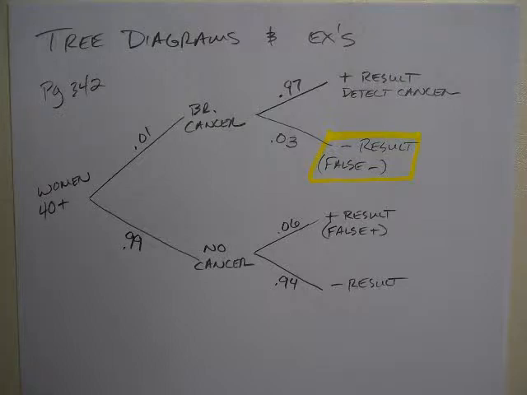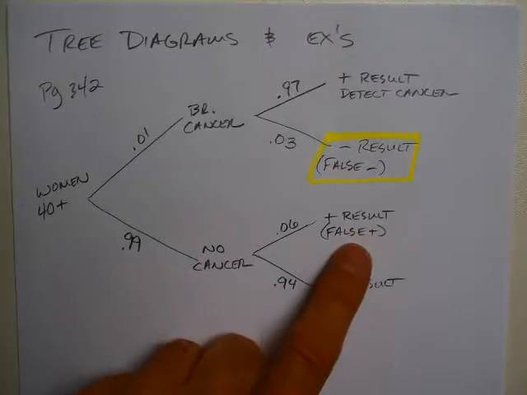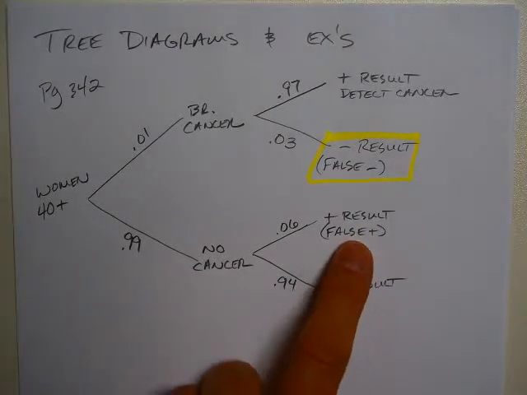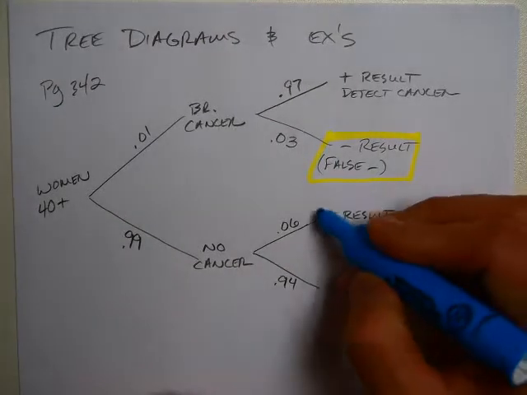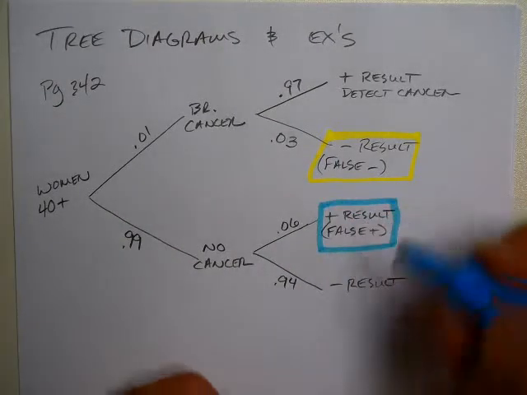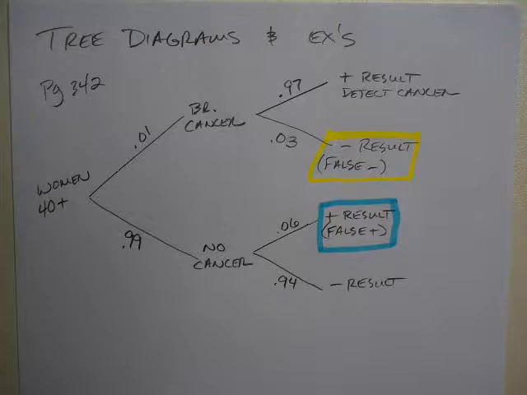Does that make sense? So this one's probably going to get retested in some way or another. So this one's less serious, but it's still a problem. Although this is not good news either, right? You've got cancer and we've detected cancer, but at least you know what you've got.